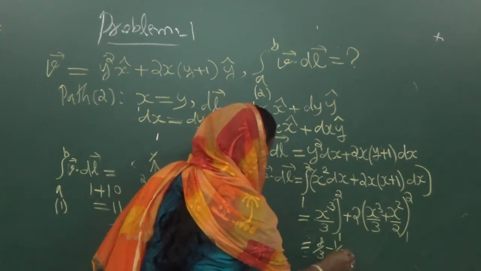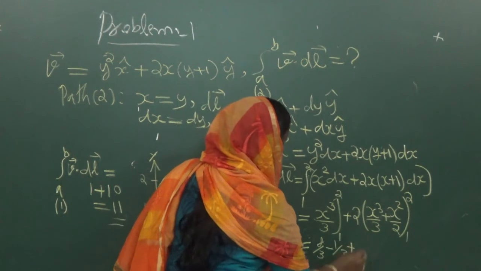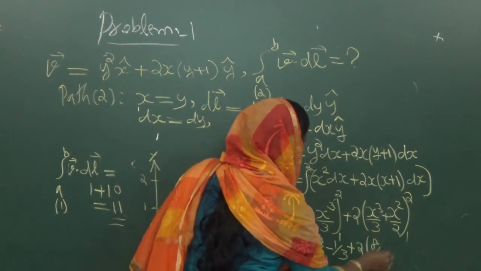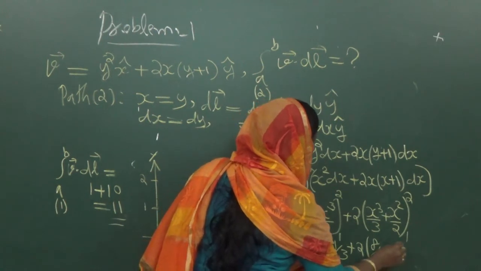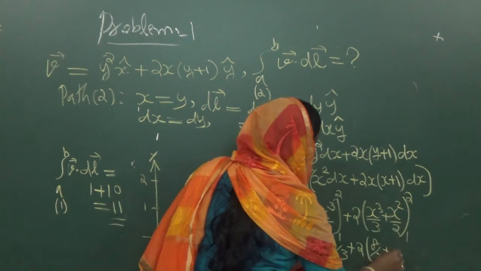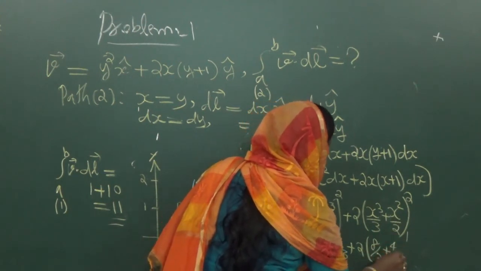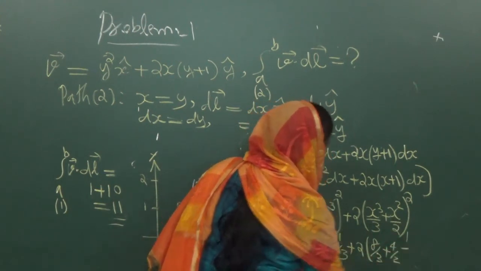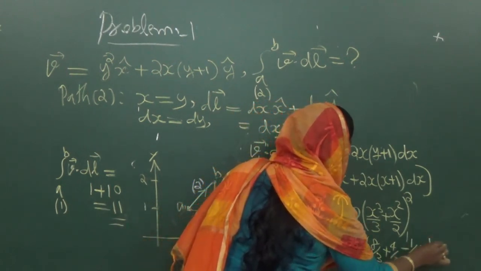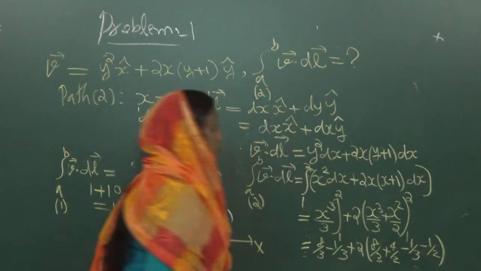That is 8 by 3 minus 1 by 3 plus 2 into (8 by 3 plus 4 by 2 minus 1 by 3 minus 1 by 2).